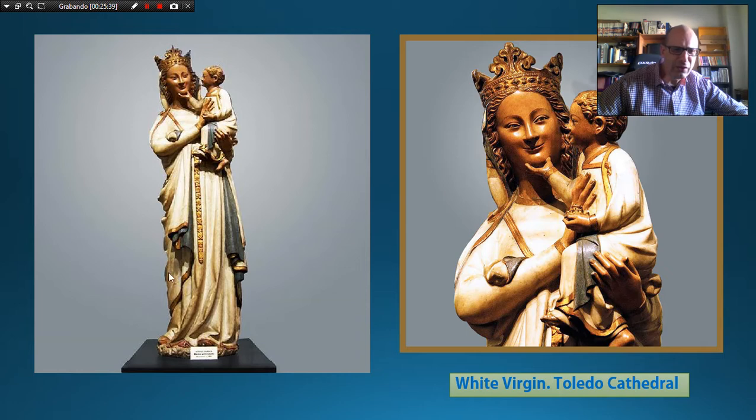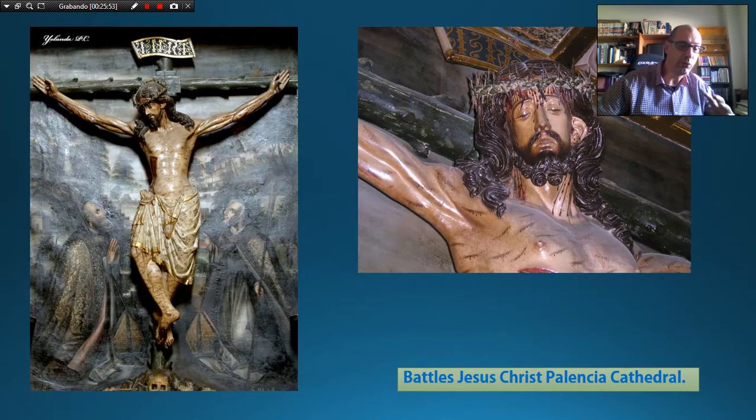It's difficult to see the folds here, but we have similar folds with this U letter that I told you. This is the White Virgin in the Toledo Cathedral, and talking about this idea of communication.